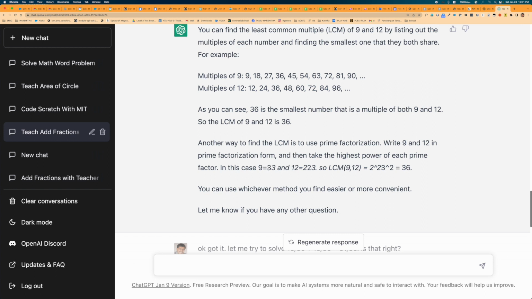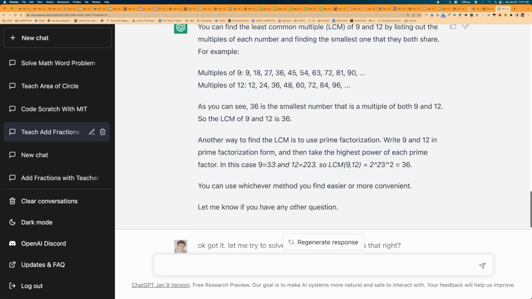And then it also gave me a procedure, where we find the prime factorization of each number. For 9 it is actually 3 and 3, but it didn't put a comma here, so it's confusing. For 9 the prime factorization is 3, 3. For 12 the prime factorization is 2, 2, 3.